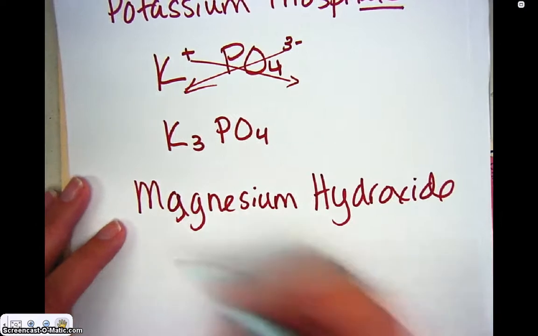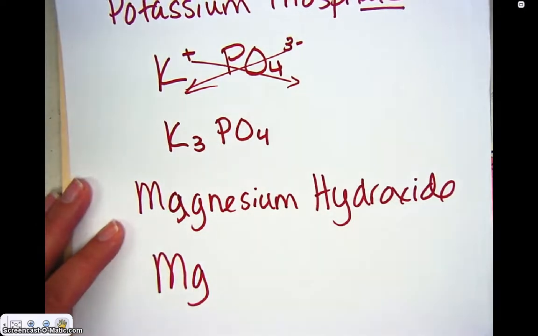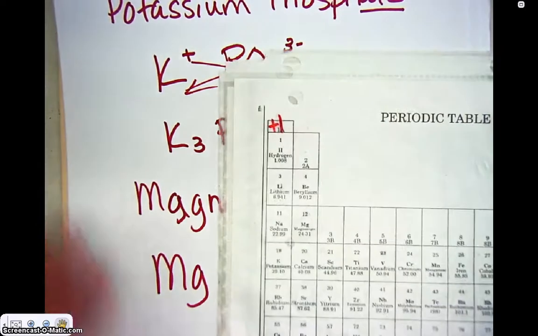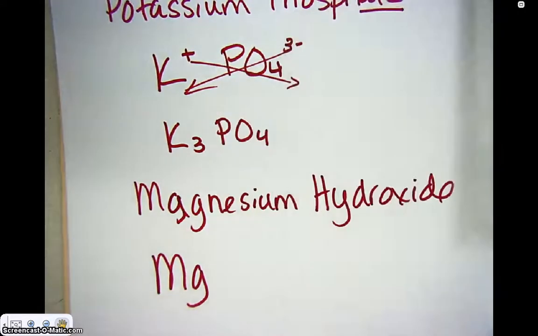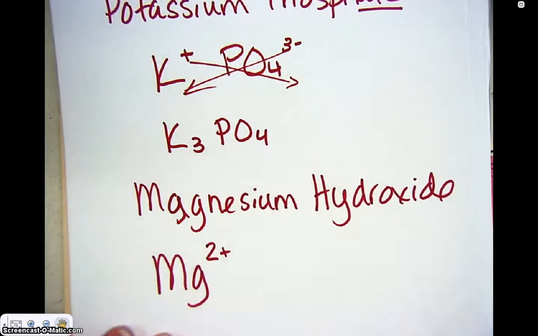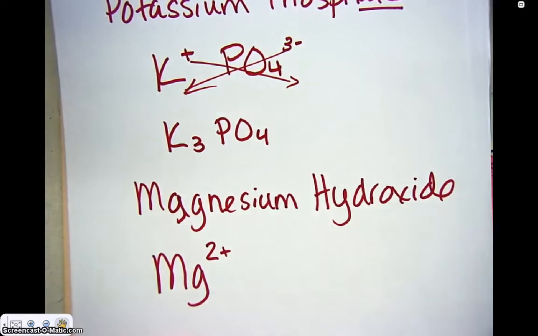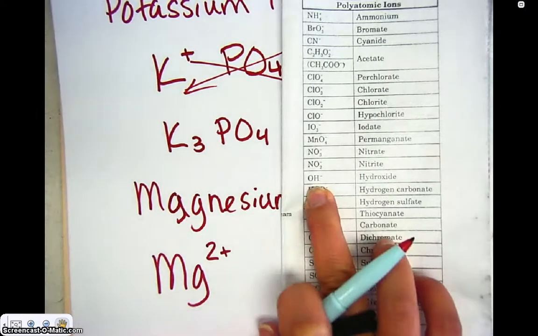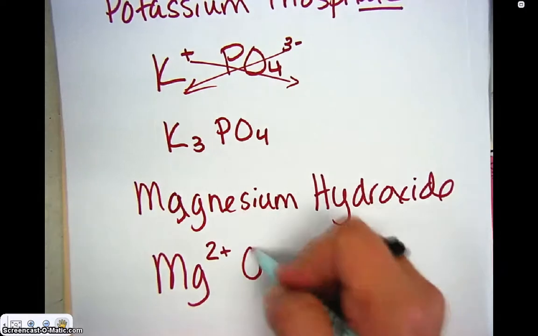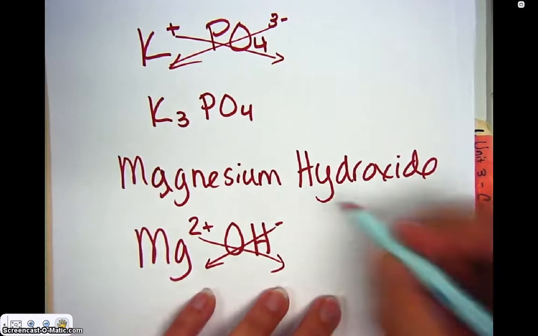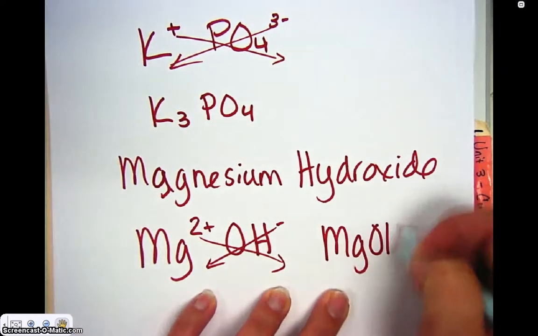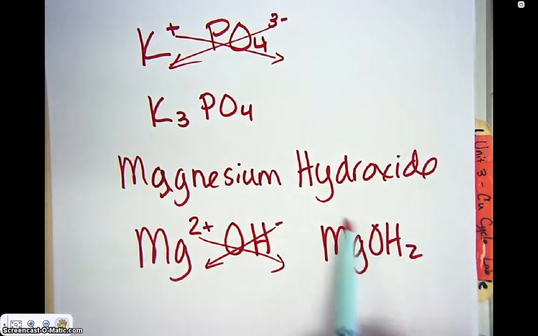Magnesium is Mg, and if I look on the periodic table, magnesium is in column 2, so it is a +2. Then we have hydroxide, and we see here it is OH with a -1. Again, we learned our method to crisscross. What kids typically want to do here is write MgOH2. This is not correct.